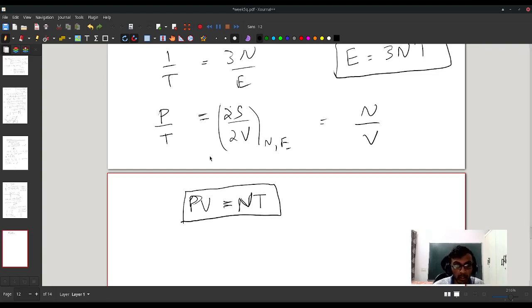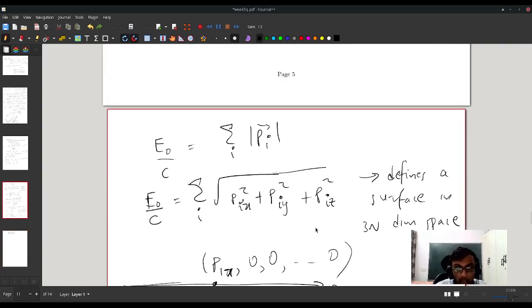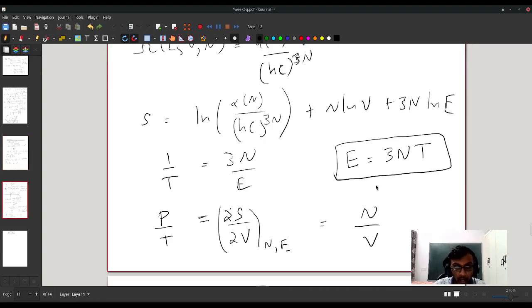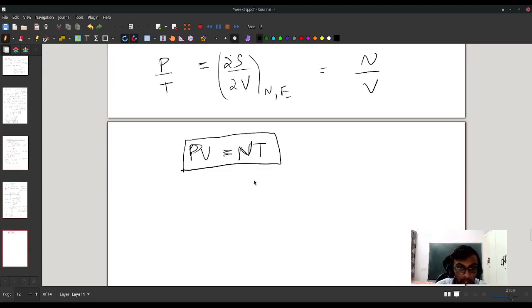This simply follows from the fact that there are no interactions, and we can separate out the integral over the position coordinates like this, and we get a factor of v to the n. So this equation of state directly follows from there being no interactions.